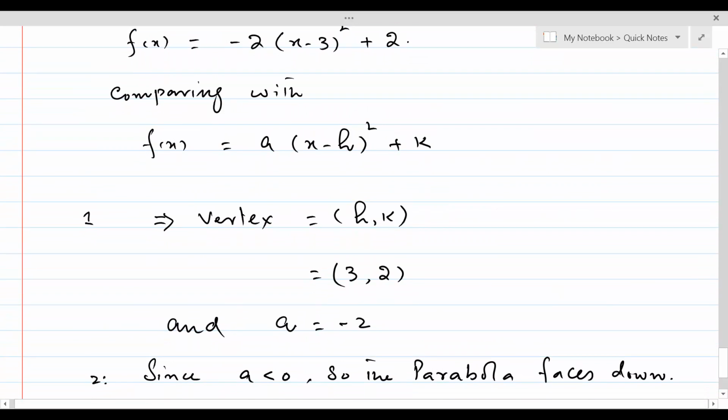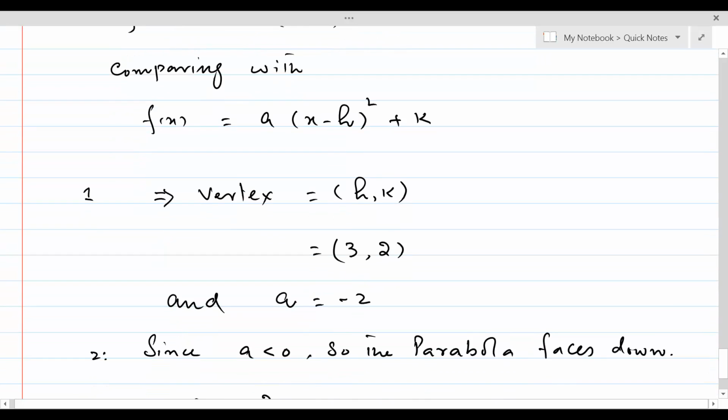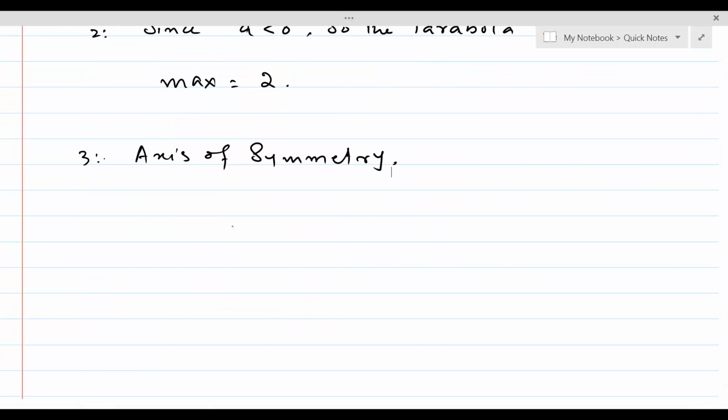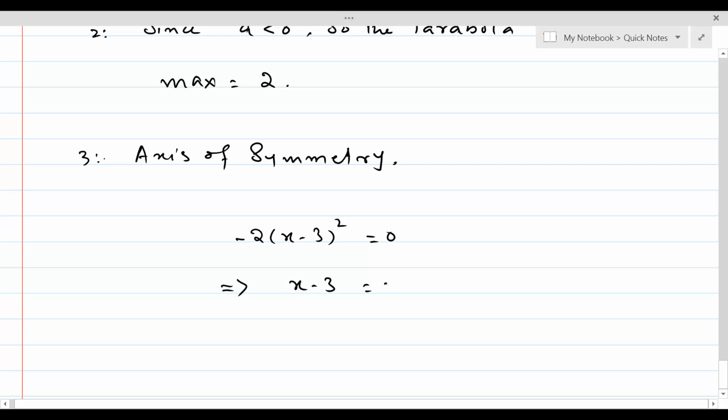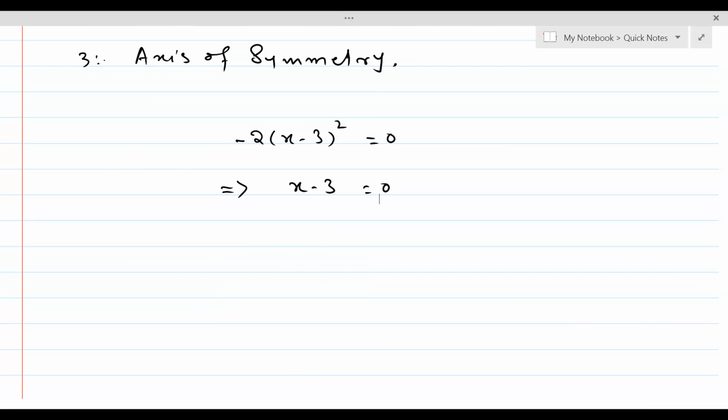It means minus 2 (x minus 3) whole square is equal to 0. This means x minus 3 is equal to 0, so x is equal to 3. Number 4, we can discuss all those other properties.